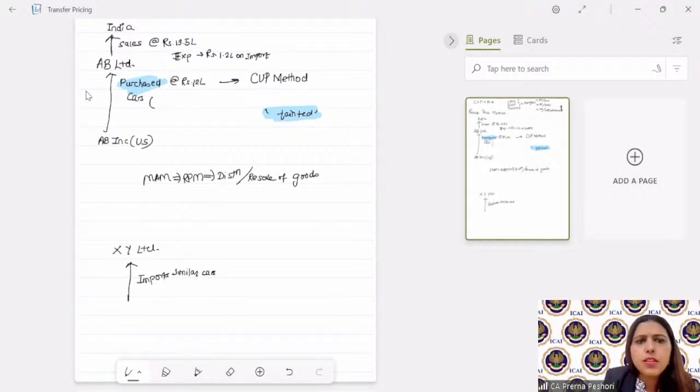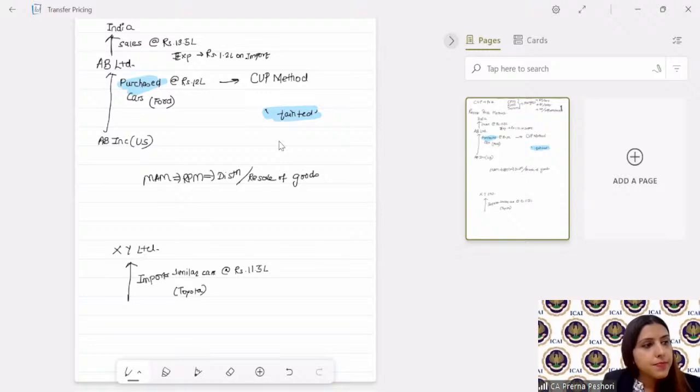This could be, say, a Ford car, and this could be, say, a Toyota, but they are similar. So XY Limited also imports similar cars at, say, rupees 11.5 lakhs. This is an unrelated party which imports the cars at rupees 11.5 lakhs.